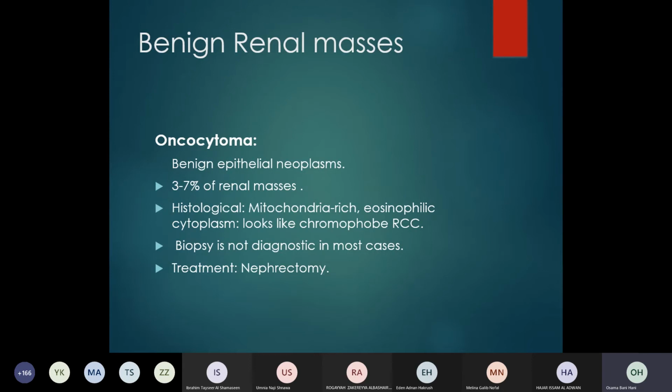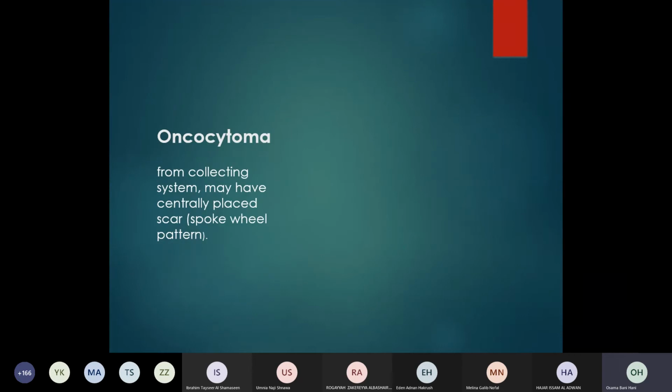So we go for nephrectomy, and after nephrectomy, the histopathology comes back as oncocytoma. So we just get relaxed, and we know that this is therapeutic because it's benign. Otherwise, if the pathology is carcinoma, we have to follow these patients. While oncocytoma is usually very benign, and it arises from the collecting system.